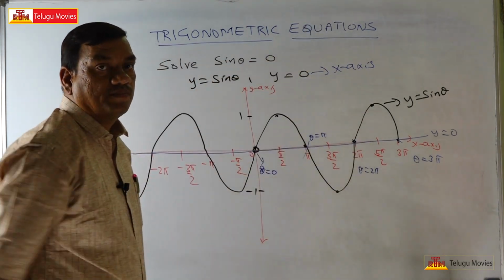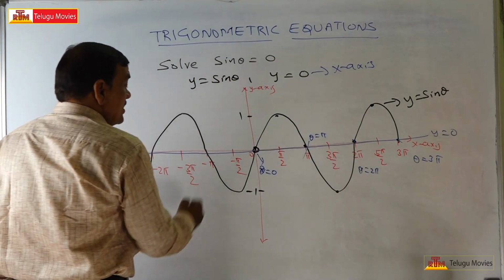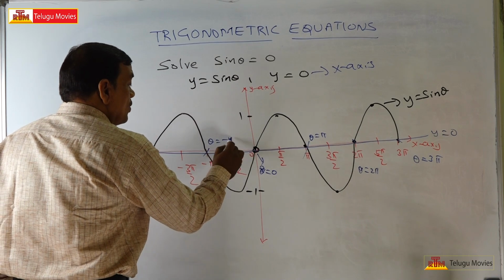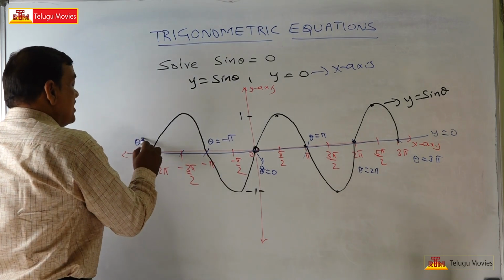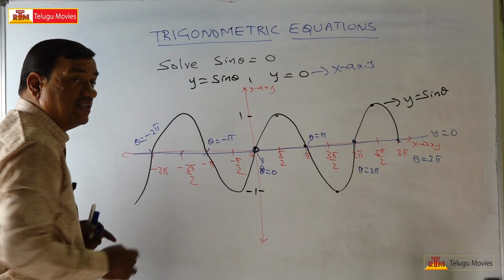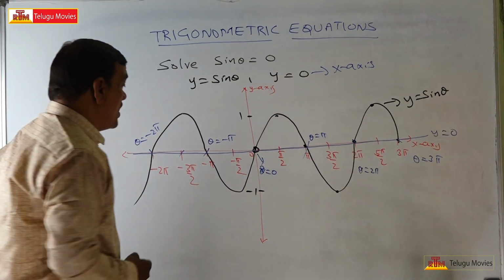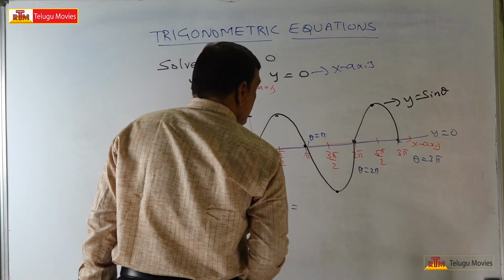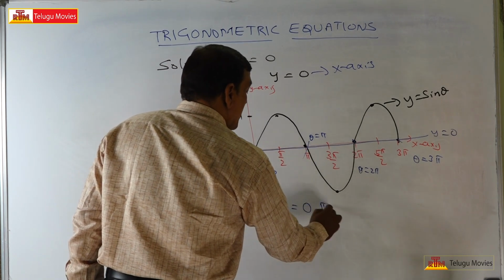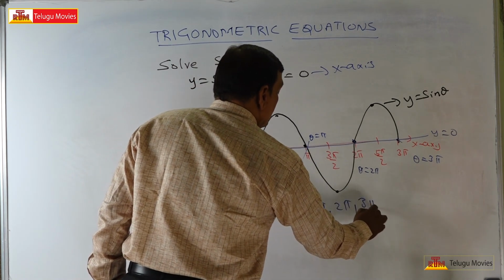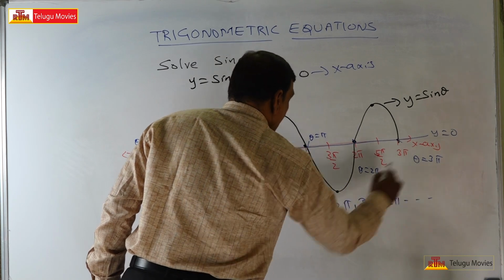Coming to the negative direction, they intersect at theta is equal to minus pi, theta is equal to minus 2 pi, again theta is equal to minus 3 pi. Therefore, what are your solutions? Theta is equal to 0, pi, 2 pi, 3 pi, 4 pi, and so on.